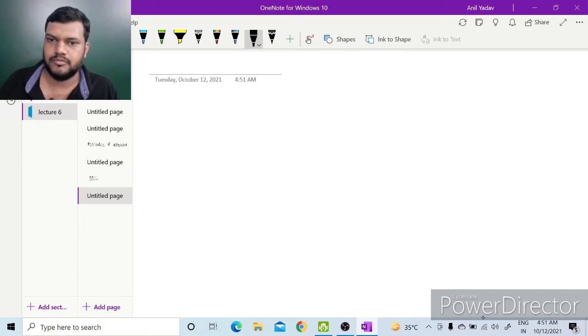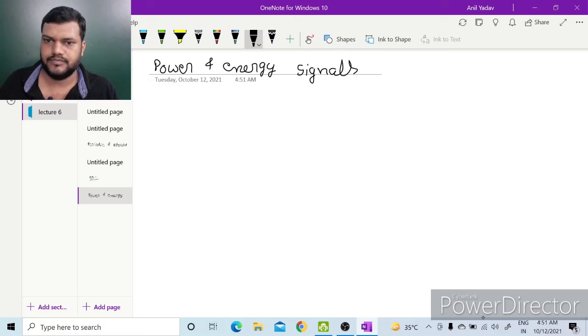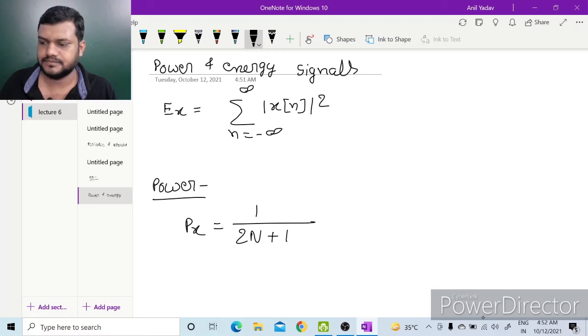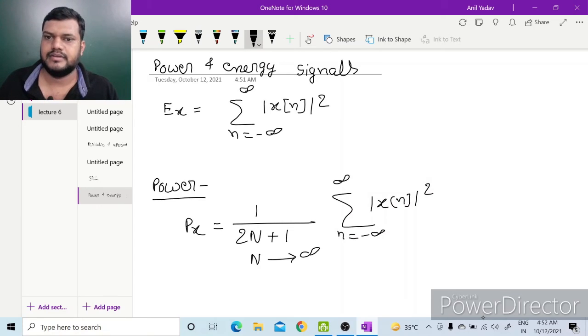Now we will move to power and energy signals. The energy of any signal x[n] is given as E of x is the summation from n equals minus infinity to infinity of mod x[n] whole square, and the power of any arbitrary signal x of n is given as P of x is the limit n tending to infinity of 1 upon 2N plus 1 times the summation of mod x[n] whole square from n equals minus N to N. These are defined as this is energy and that is power.